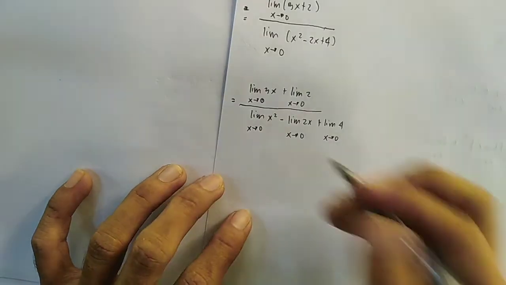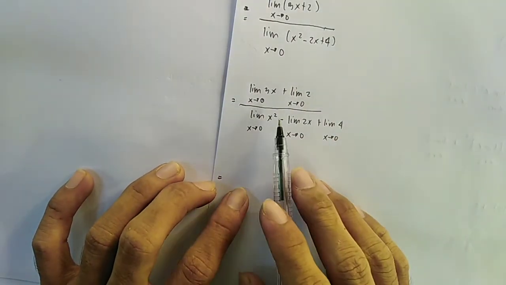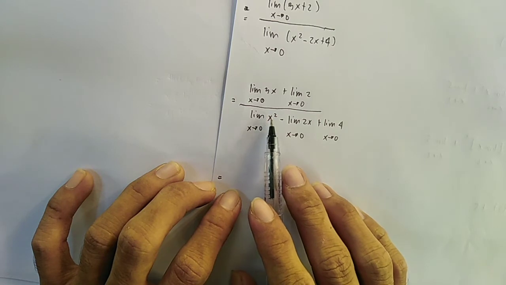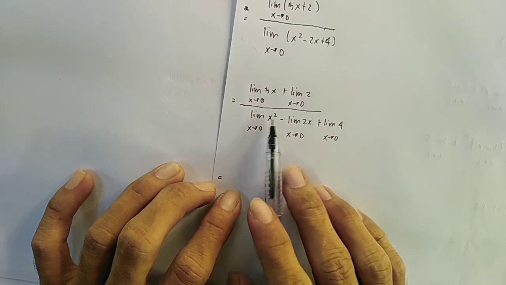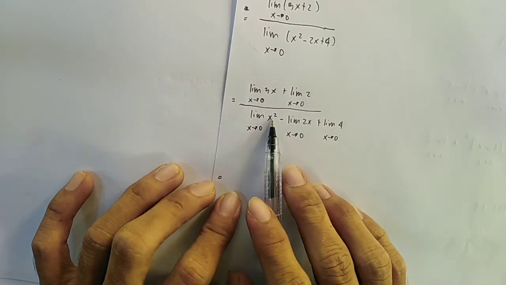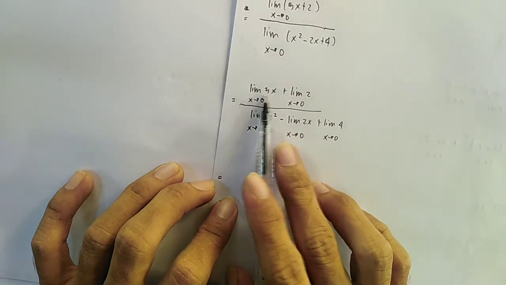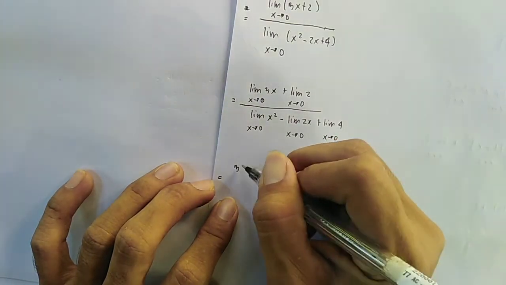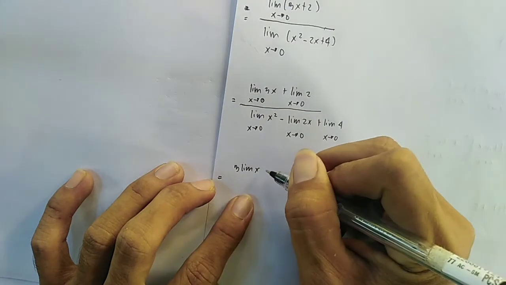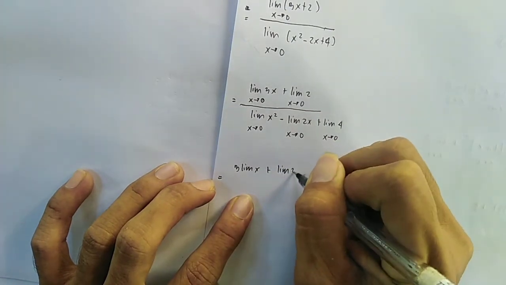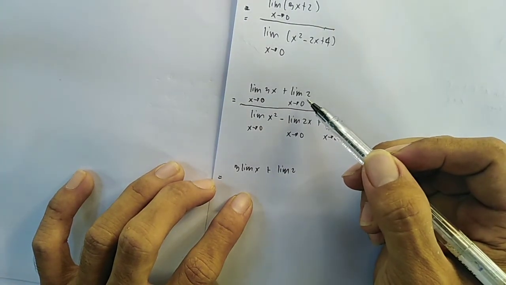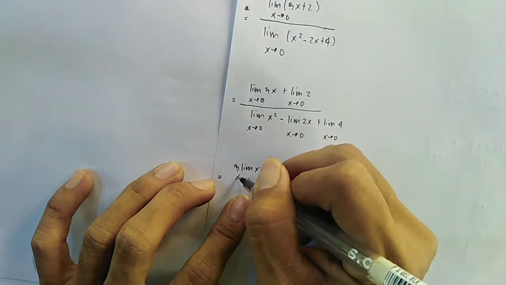So that's it. Now, since we can still rewrite this to the simplest way of writing the limit of a certain function, we can rewrite it the same way as the numerator. So we can rewrite the numerator as 3 times the limit of x plus the limit of 2. Since this is already the form of a limit of a constant, we can no longer rewrite that one.